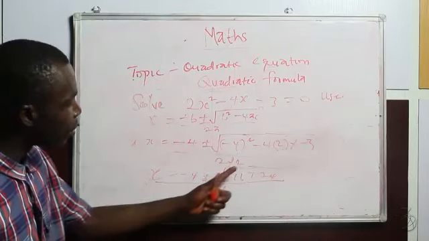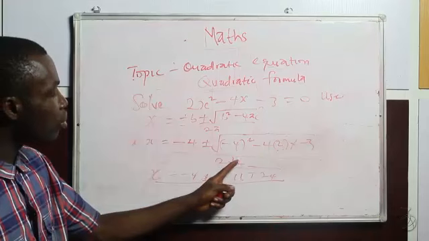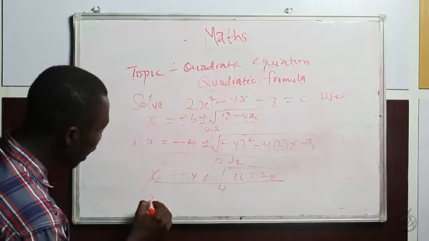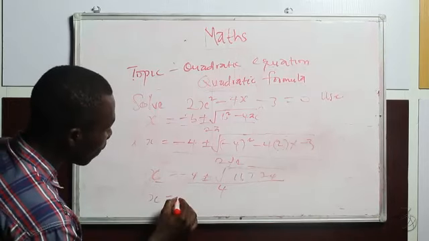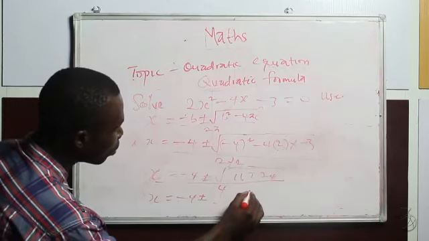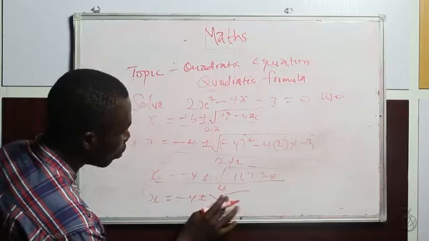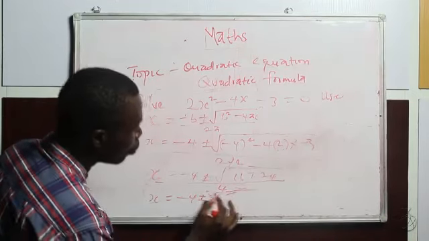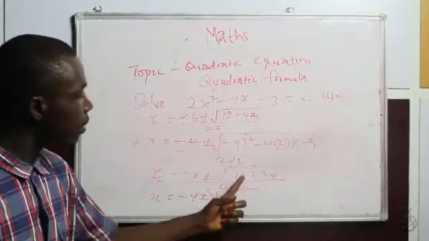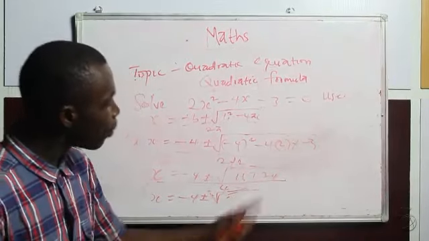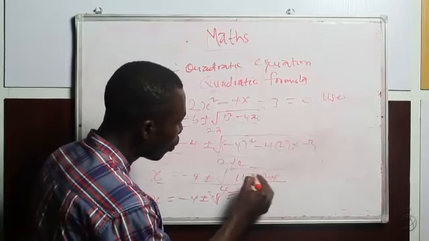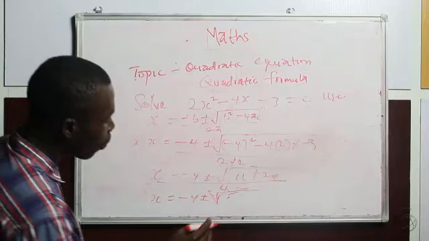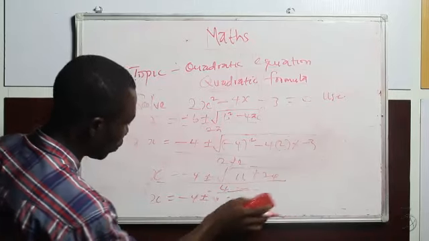How do we get 4? Because our a is equal to 2, that's why we substitute the value of 2 inside. So x is equal to minus 4 plus or minus root 16 plus 24, all over 4.